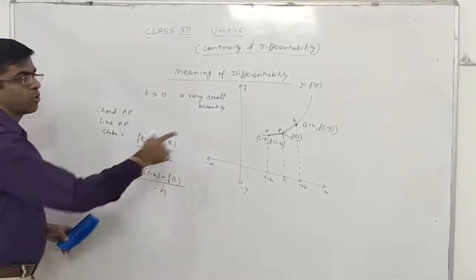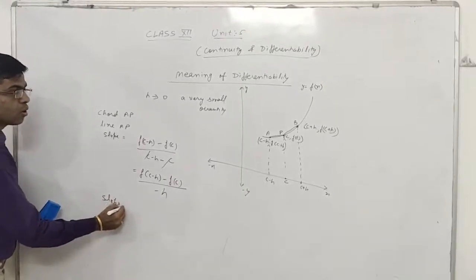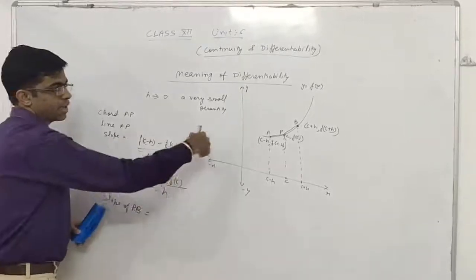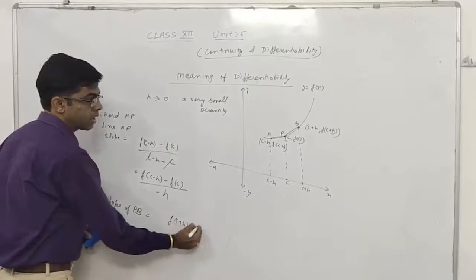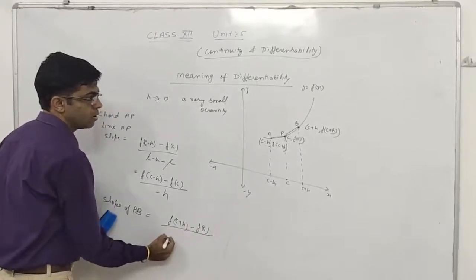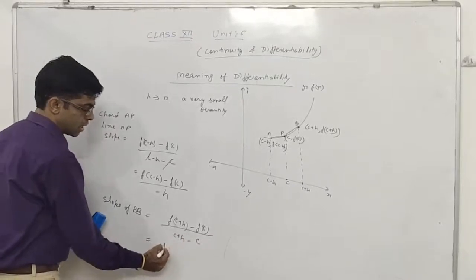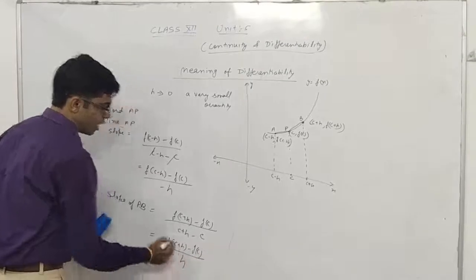This is the slope of AP. Similarly, the slope of BP: what will be the slope of this line? f of c plus h minus f of c upon c plus h minus c. This is f of c plus h minus f of c upon h.